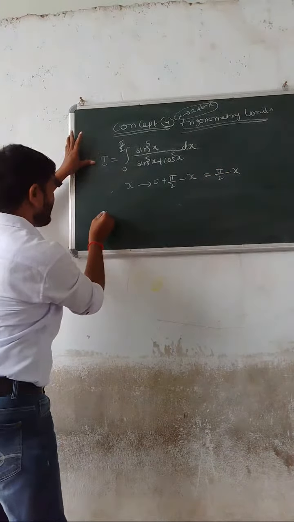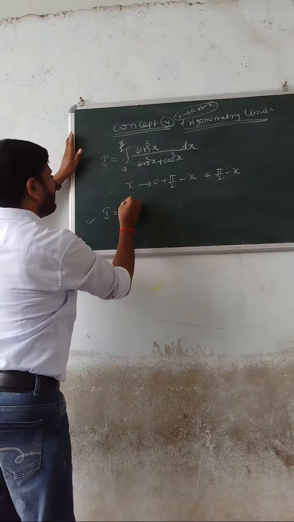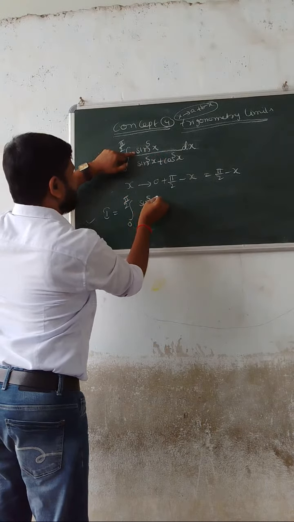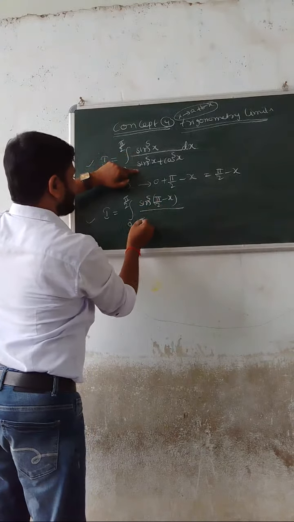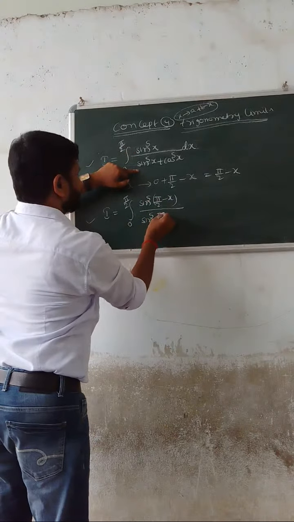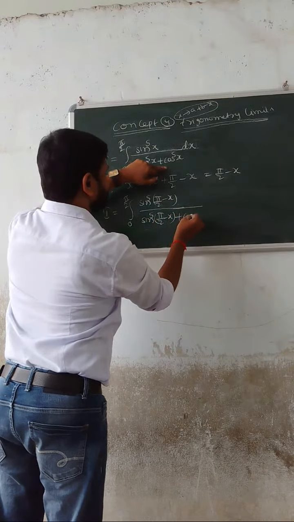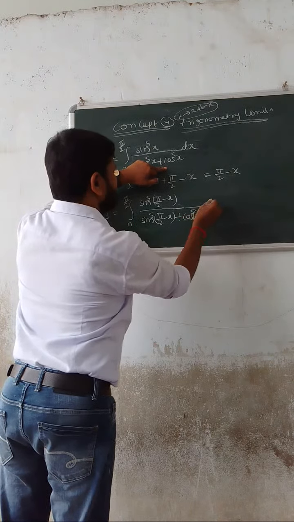Now it is another I. Integral from 0 to pi by 2, sin power 5, where x means pi by 2 minus x. Here also pi by 2 minus x, everywhere x is replaced by pi by 2 minus x.